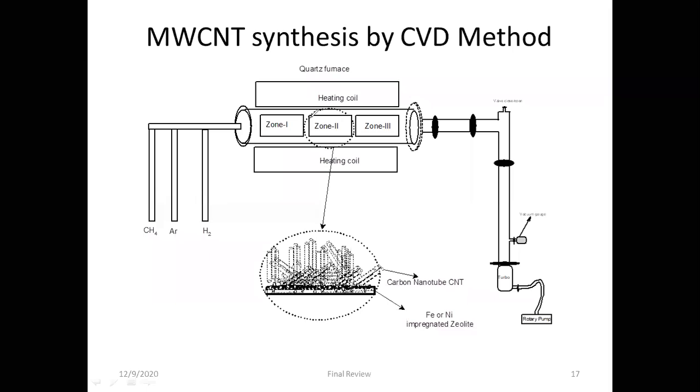Now these carbon atoms will precipitate on the surface or in the pores of the zeolite. Since the zeolite has pores, according to the shape of the zeolite, the carbon nanotubes precipitate. The length of the carbon nanotube can be controlled, but the diameter cannot be controlled in this method, because we are using a mesoporous material.